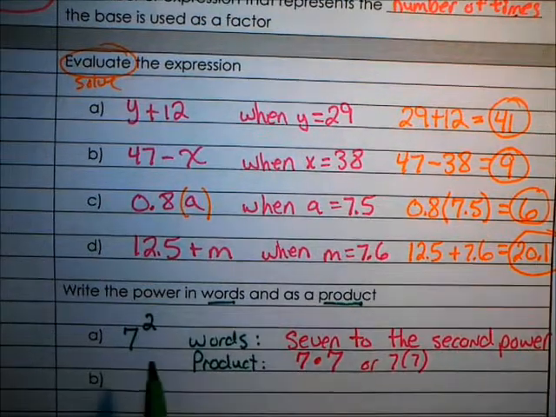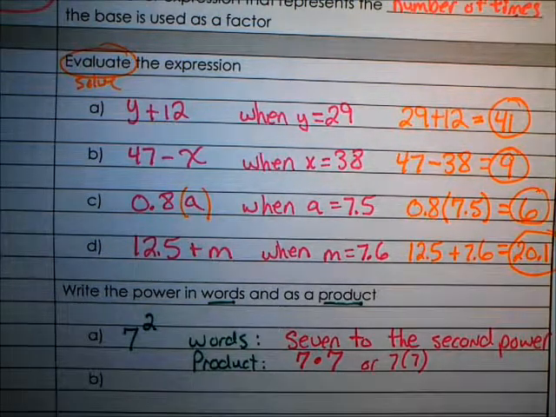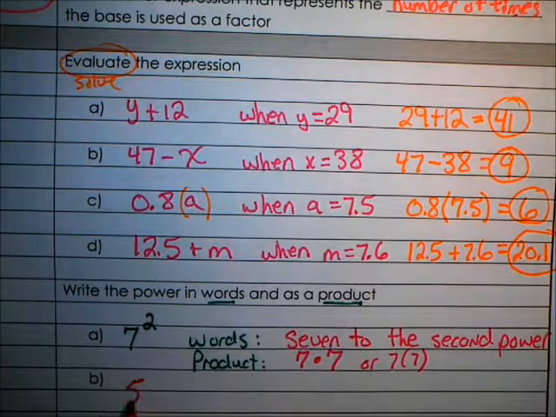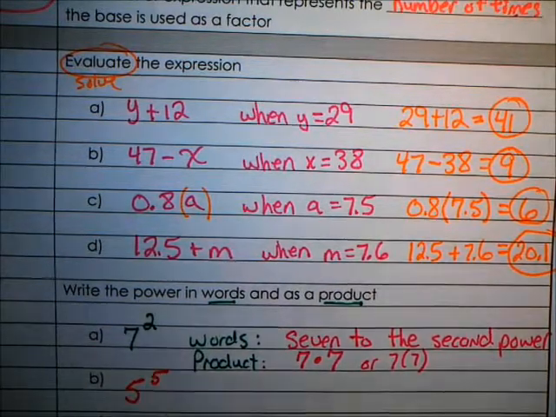Okay. Alright, on my second example, they give us a 5 with a 5 as an exponent.